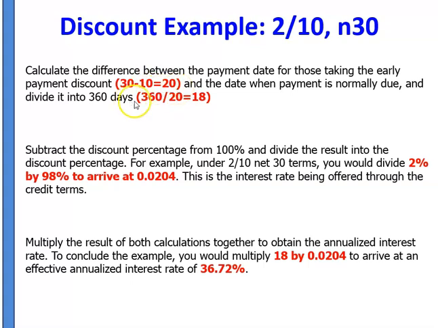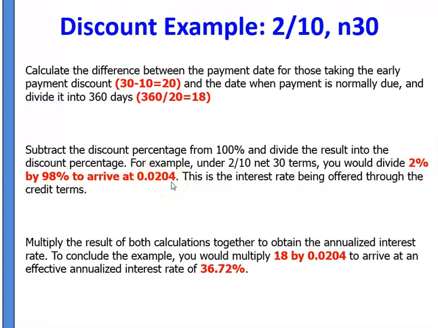If we use a 360-day year, just for purposes of simplicity really, and we divide by 20, which is the difference between the discount period and the net period, we come up with 18. Okay, so if we move down here and we take 2% and divide by the remaining 98%, that's 100% minus the 2% discount, we get this decimal of a little bit over 2%.